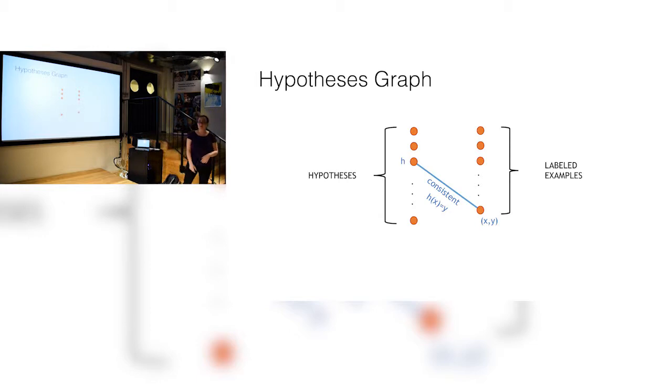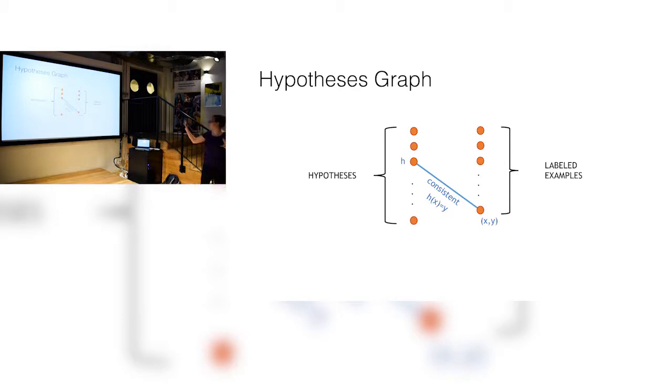The components are hypotheses, obviously, and examples. And what is the connection between a hypothesis and an example? If the hypothesis is consistent with this labeled example, which means an example and its label, then we will have an edge between them.